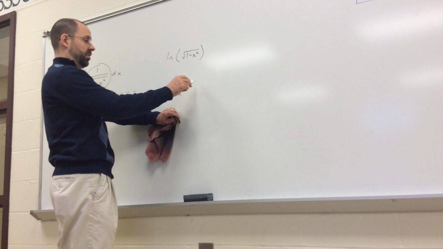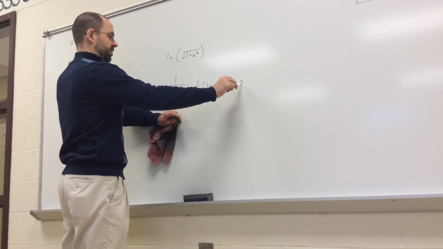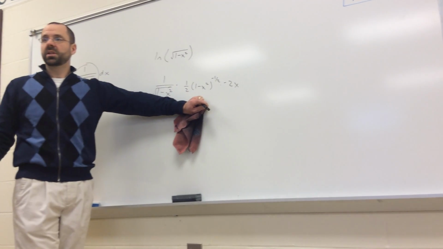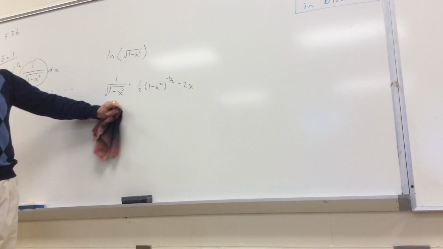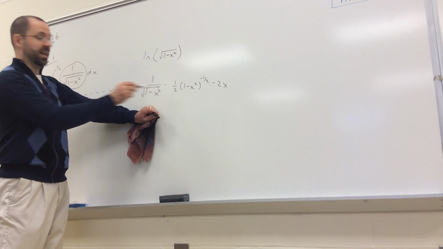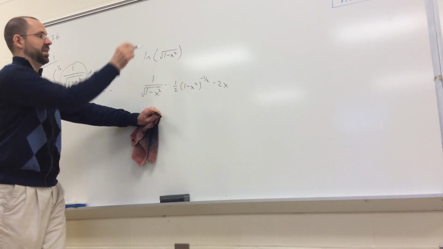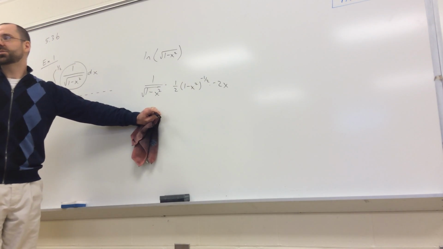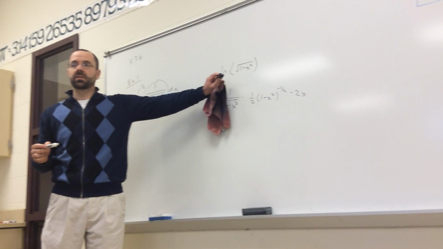So that would be 1/2 times 1 minus x squared to the negative 1/2 times negative 2x. It's actually a double chain rule. Don't think about this too much. Just know that the correct derivative of this is this. So the antiderivative of all of this would be that. So the antiderivative of just that part of it is not that.